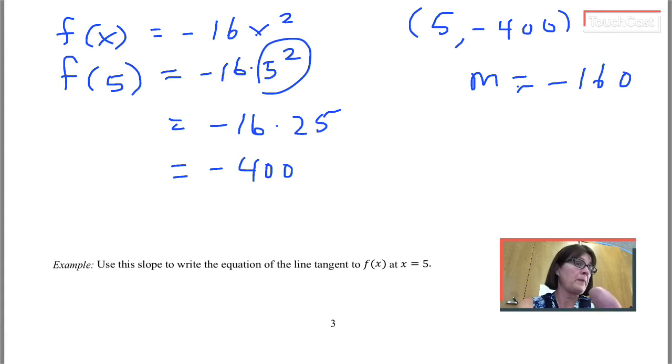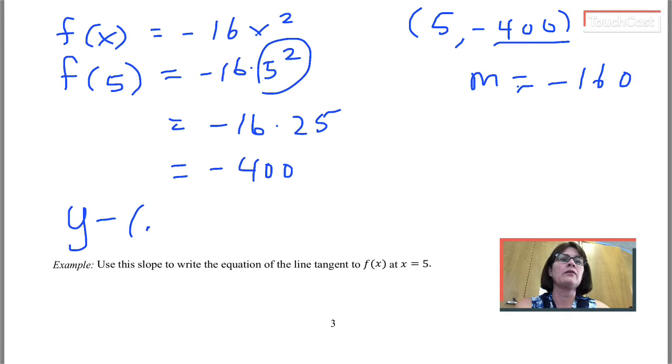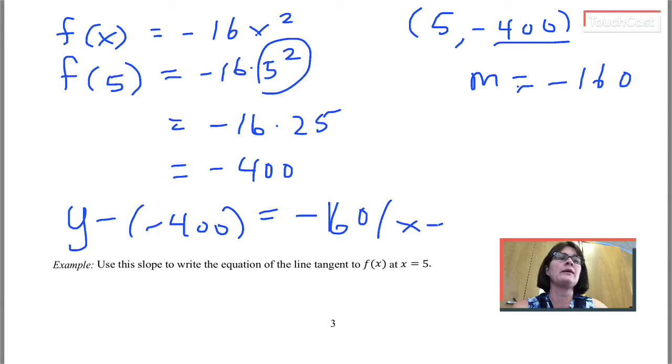So here we go. I'm just going to use point slope form for the equation of a line. y minus negative 400 is equal to the slope, negative 160 times x minus 5. Feel free to leave your answer in point slope form.